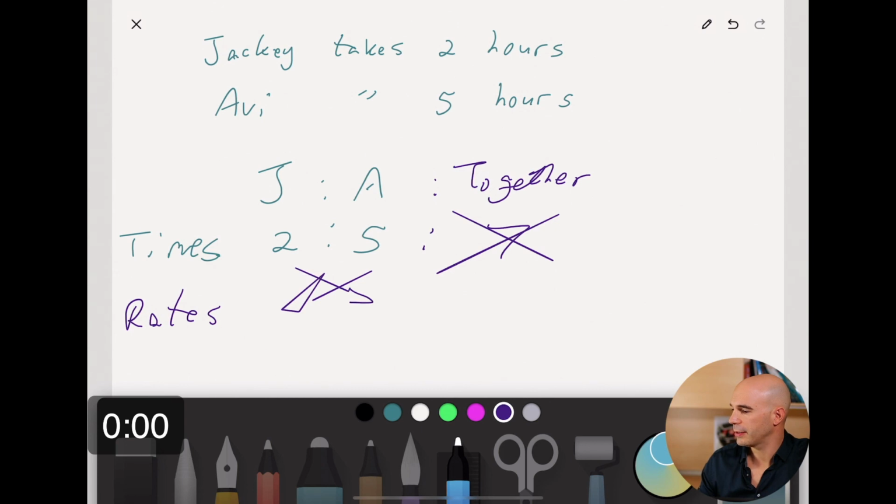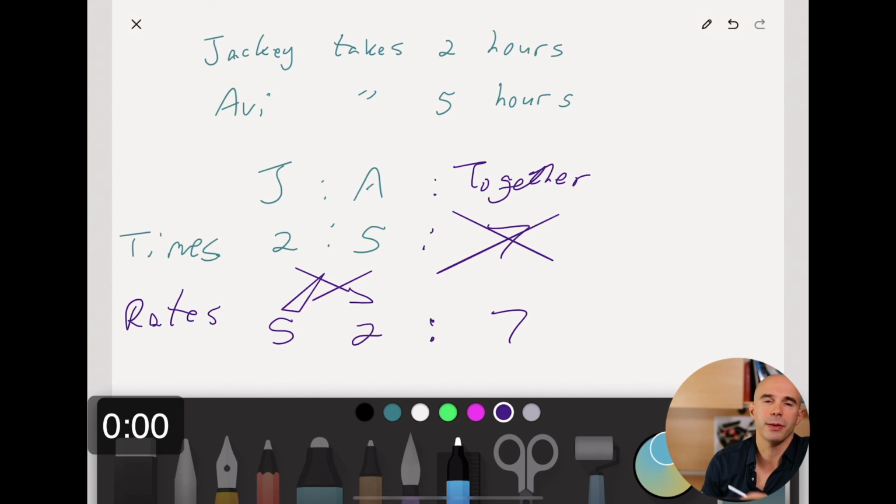you can do this. So Jackie is 5 halves as fast as Avi is. And now we can add them, because now we're talking about rates. And this is what JD was saying. He was saying the ratio of how quick they are is 5 to 2, to 7. Now, Jackie, can you look at this three-way ratio that we have here in purple and tell me what fraction of the job would each of us do?